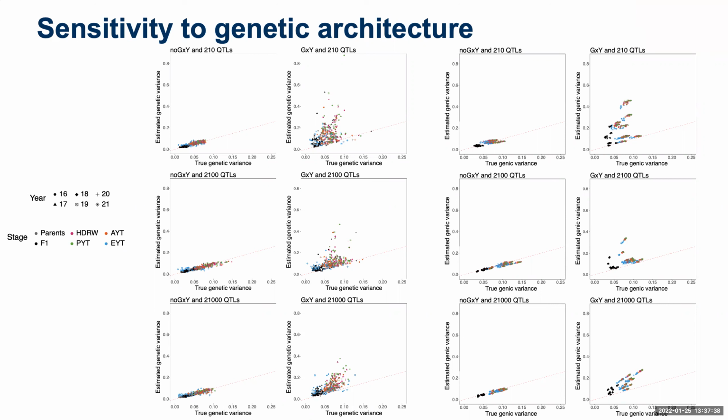Sorry, may I ask my question? Okay, yeah, go ahead. I was wondering, when you show the difference in number of QTLs in the last column in this slide, when the number of QTLs is lower, the bias is higher.